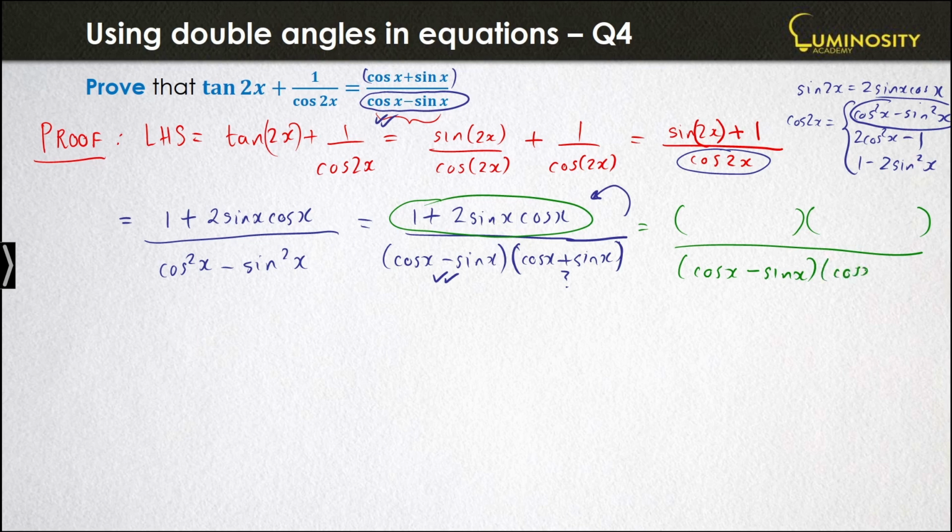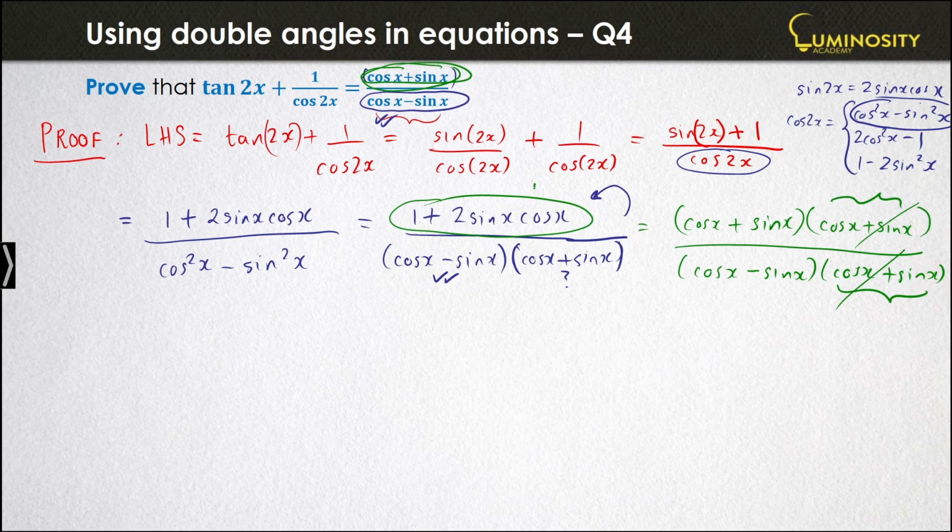Remember, the goal is that if we can get one of the factors to be this, then we can divide them out, and hopefully the other factor is this. So here's the little cheat. If we know we want cos x plus sine x to divide out, then what we want left in the numerator is another cos x plus sine x.